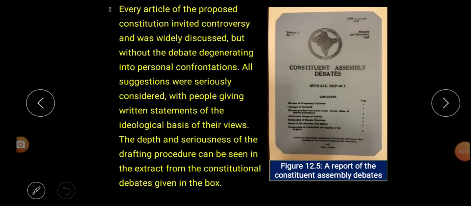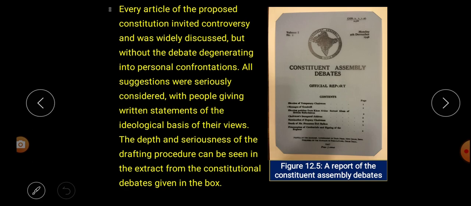Next paragraph. Every article of the proposed constitution invited controversy and was widely discussed, but without the debate degenerating into personal confrontation. What happened? Every article of the proposed constitution invited controversy.